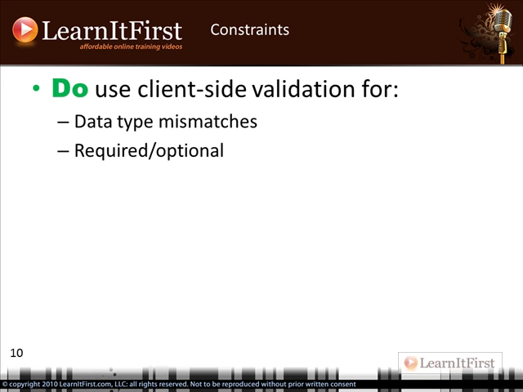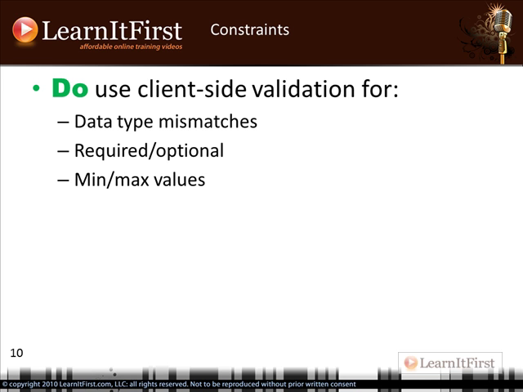Same thing with required and optional. Make them fill in the required fields on the form before you send it to the server, only to have it rejected by the server. Minimums and maximums. For example, if you know that it's impossible for a user's birth date to be in the future for your form, then you can say, hey, the maximum allowed value for this form is 1986 or whatever.